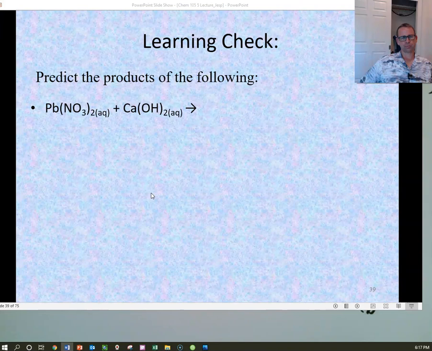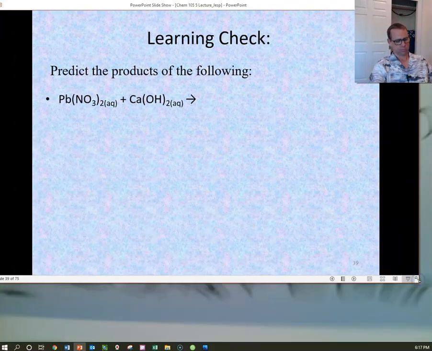Can you predict our products for us? So we're going to combine Pb, lead, with the hydroxide ion, OH. So lead hydroxide. And then Ca with NO3, calcium nitrate.